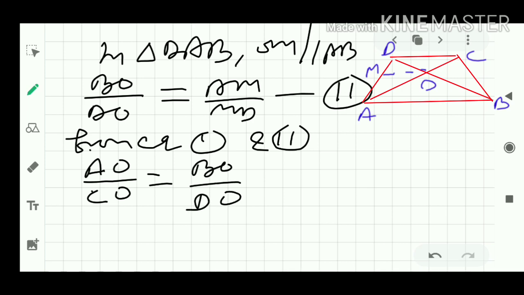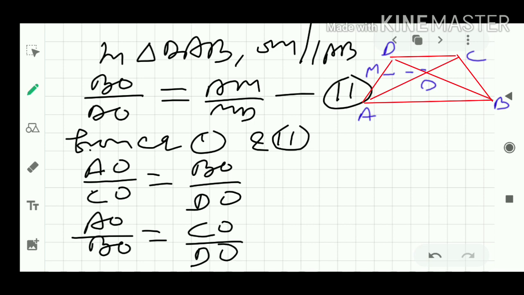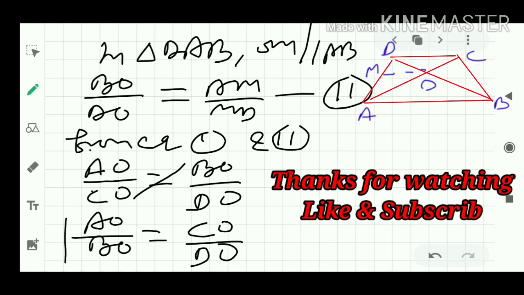Now again it can be written as AO by BO equal to CO by DO. We change BO and CO by cross multiplication. BO and CO can be interchanged. So this is the proof of this theorem on this question.